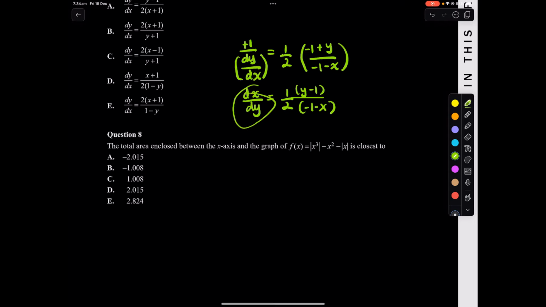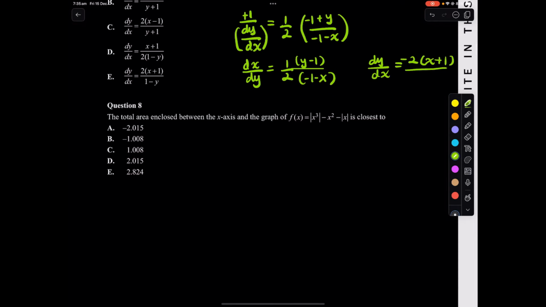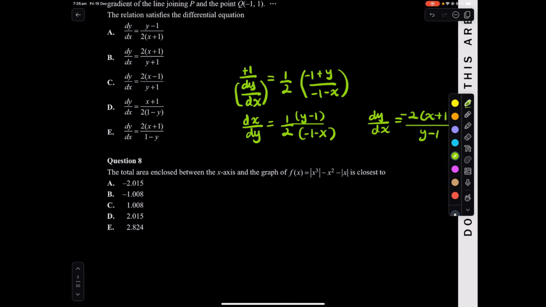And then remember, we want dy/dx, so just flip it around. So dy/dx is going to be 2, and I'm going to take that negative out, so (negative x plus 1) divided by (y minus 1). Does that look like any of these?